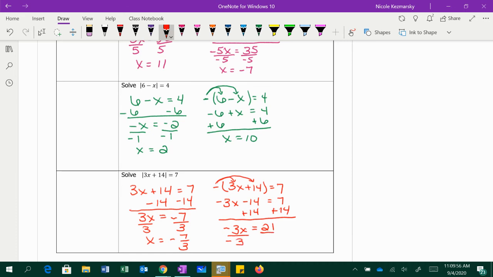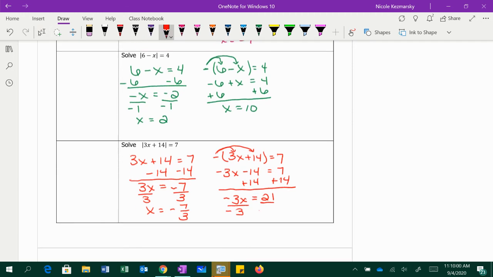And so x equals negative 7. Okay, so this one is on here just to show you the numbers aren't always pretty. So finding negative 7/3 in Desmos might be a little tricky. Finding it on a graph might be a little tricky. So doing this by hand can be really helpful.